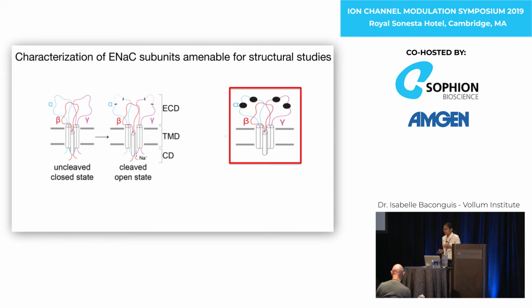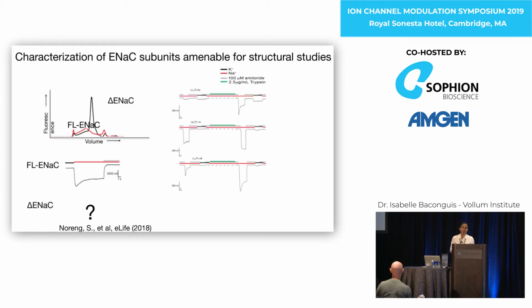And so it turns out it's not so easy. Unlike ASIC, ENaC is not so easy to express. So first, you have 3 different subunits. Second, for some reason, cells are just too smart for these ion channels. And so we had to find ways to basically trick the cells into expressing these ion channels so that we could study them structurally.